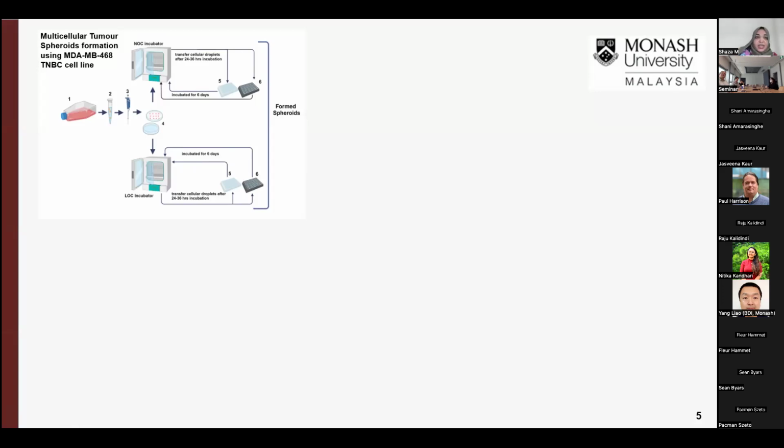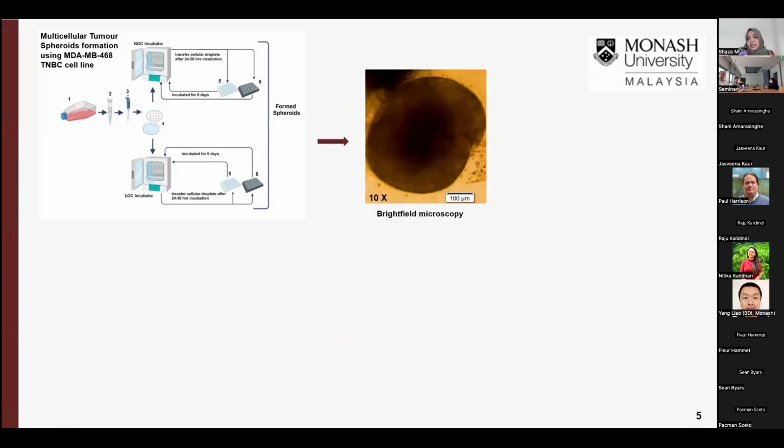I've tried another triple negative cell line, but I'm not going to present it here. And this is how it looked. Under the bright field microscope, we can see a darker space, an outer layer, which we think is the proliferative area, and then the quiescent area in the middle.